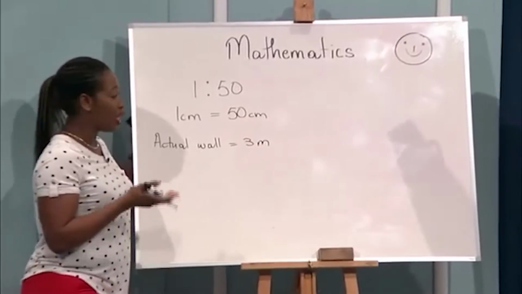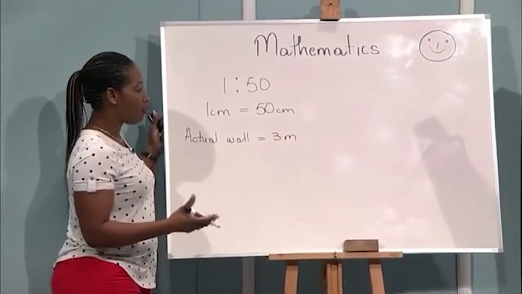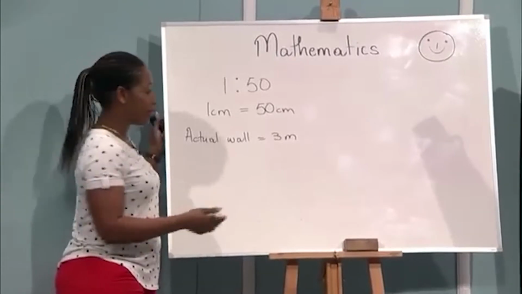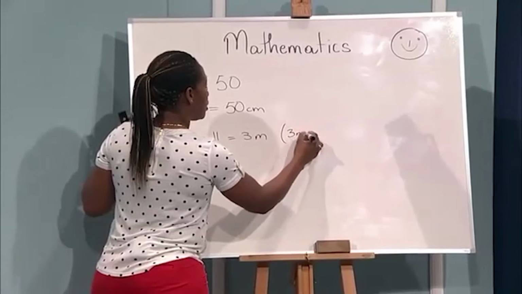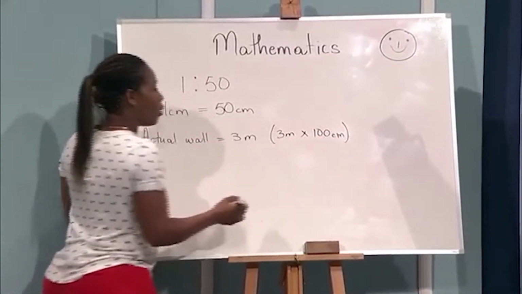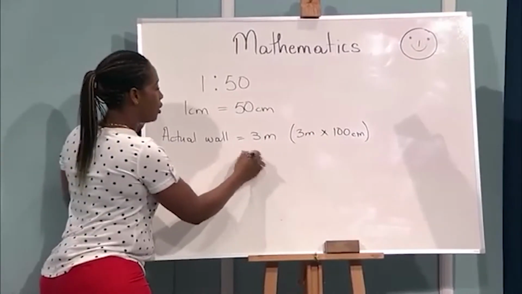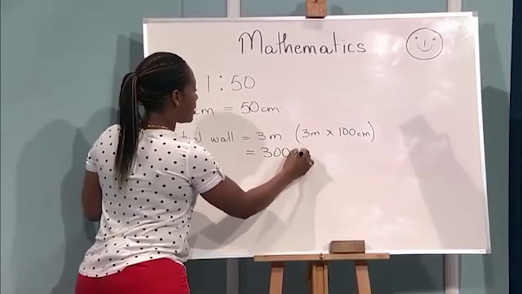I would change the meters into centimeters so I can get a better understanding of how many centimeters I'm looking at. To change meters to centimeters, you should know that 100 centimeters make 1 meter. So 3 meters is the same as 300 centimeters.